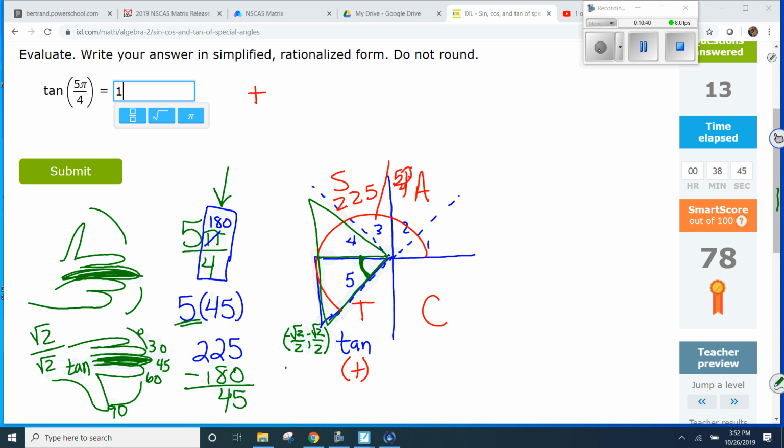So tangent is sine, which is negative radical 2 over 2, divided by, it's sine over cosine, and the cosine is negative radical 2 over 2. Negative over a negative is a positive, and then radical 2 over radical 2 is just a positive. So I know this one might seem a little deceiving because it is in that third quadrant, but tangent is positive in that third quadrant, and the reason for that is because both x and y values are negative, and a negative divided by a negative is a positive. So you do get positive 1 for a value.